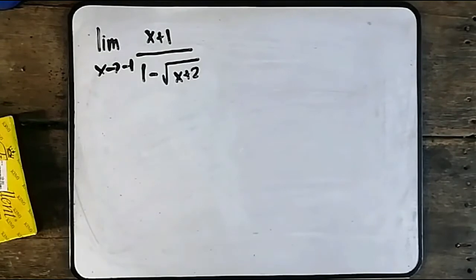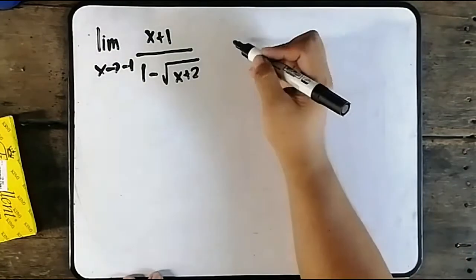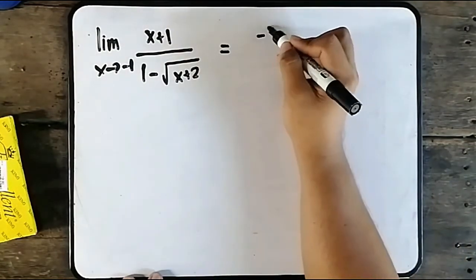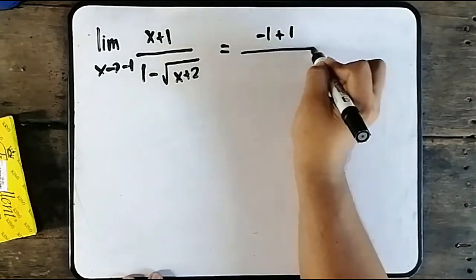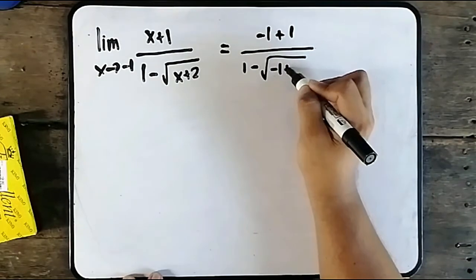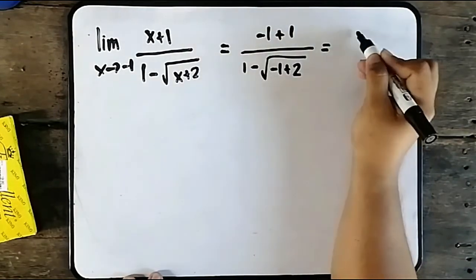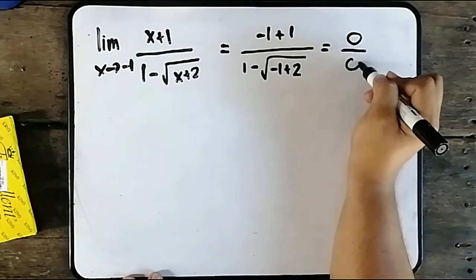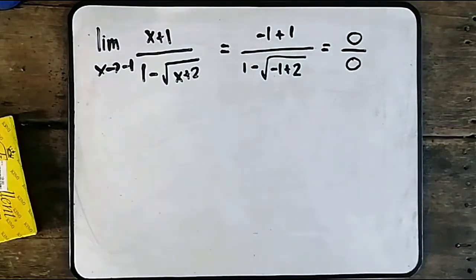For the last example, we have the limit of x plus 1 all over 1 minus the square root of x plus 2 as x approaches negative 1. By direct substitution, we have negative 1 plus 1 all over 1 minus the square root of negative 1 plus 2. So observe that we have an indeterminate form of type 0 over 0.